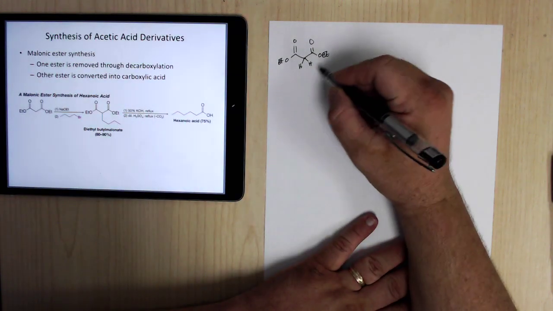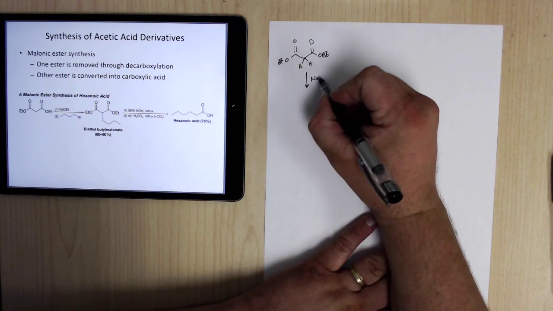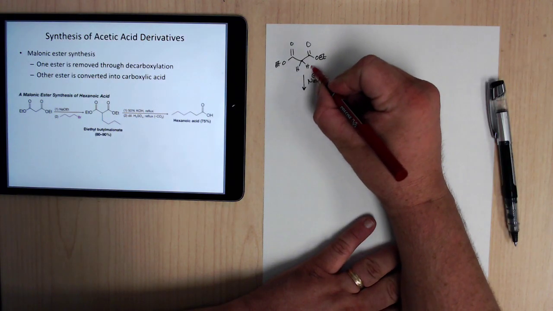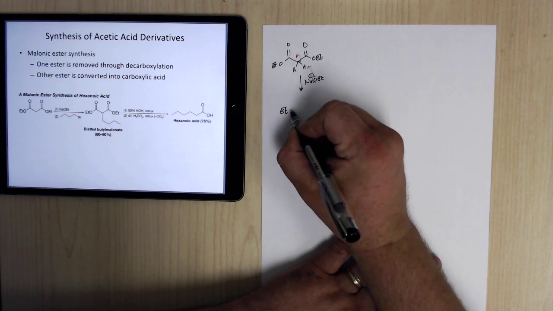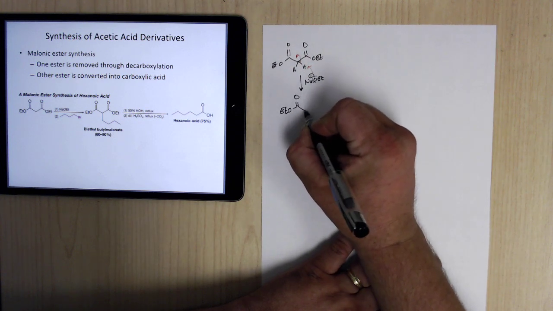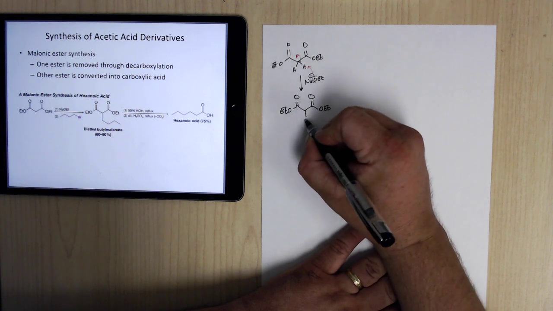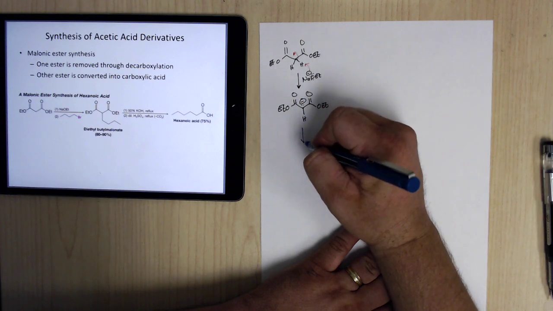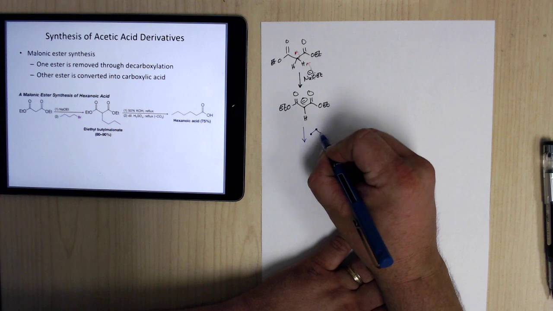Now, the interesting thing is, let me walk through this. We did our sodium hydroxide or sodium ethoxide. This is going to grab that, move that there. Now, when we dump in our 1, 2, 3, 4, our butyl bromide, there's a 4-carbon piece.